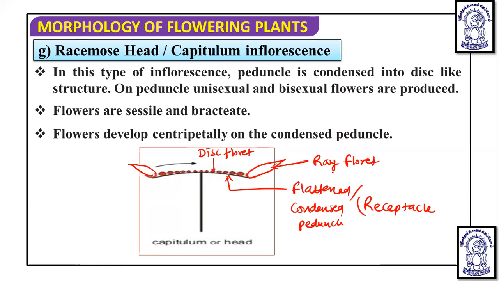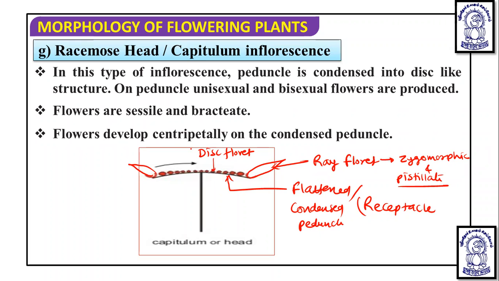Now, if we talk about the ray floret and disc floret, you will come to know that these florets can be unisexual, bisexual, and sterile. But in this, you will see that the ray florets show zygomorphic symmetry, and they are pistillate, meaning they are female flowers.